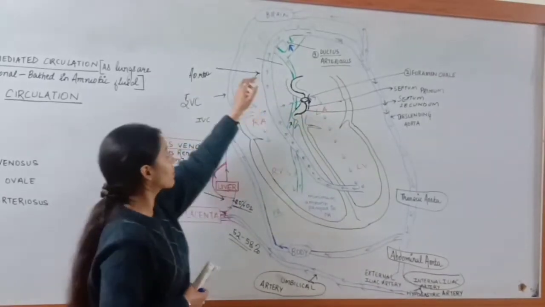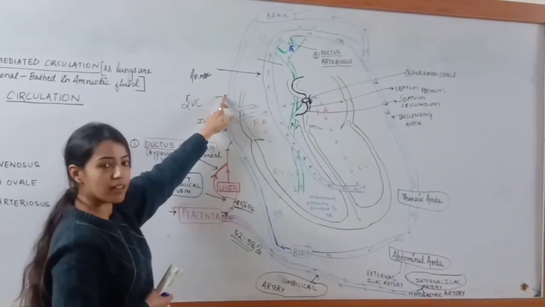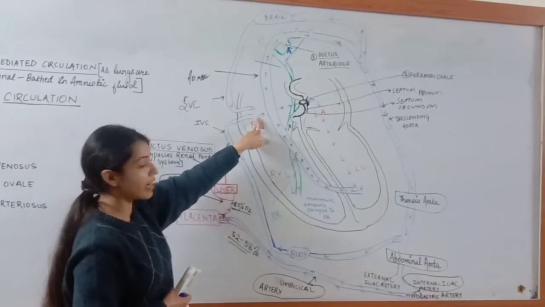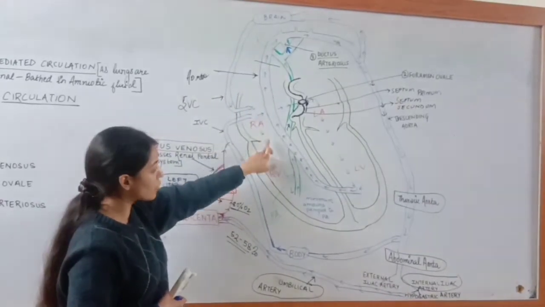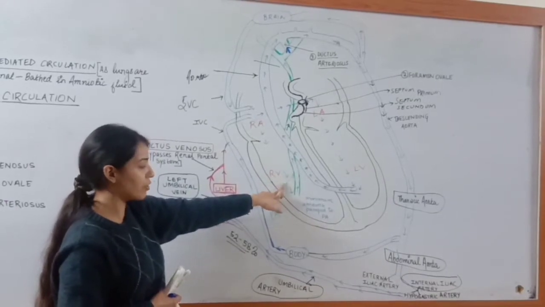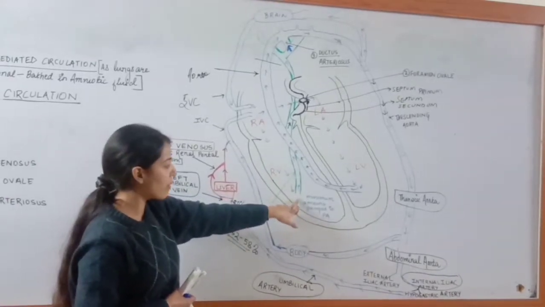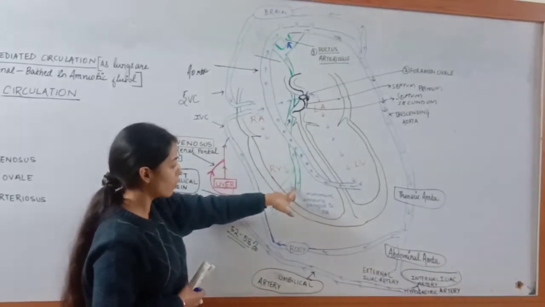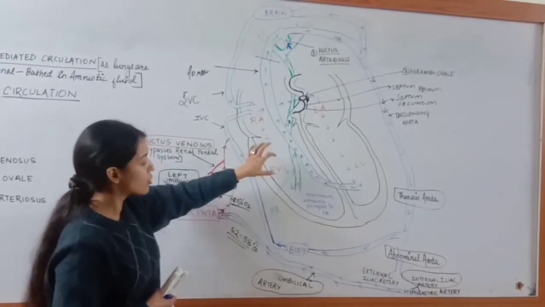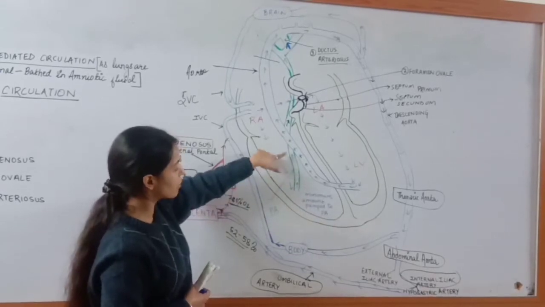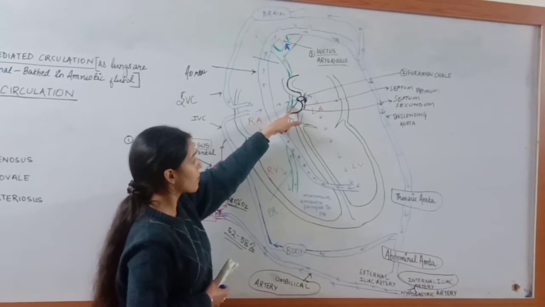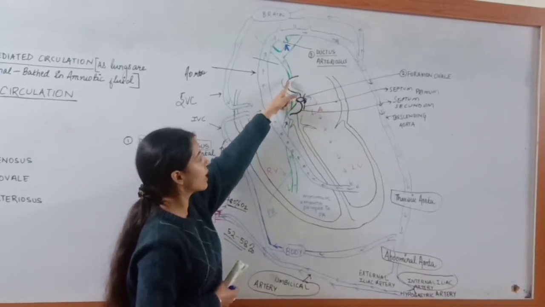At the same time, from the superior vena cava, the blood is coming from the brain, coming into the right auricle. A part of it is also coming into the right ventricle. A very minimum amount is entering into the pulmonary artery. The green one over here is the pulmonary artery. So a minimum amount you can see is going into the pulmonary artery.